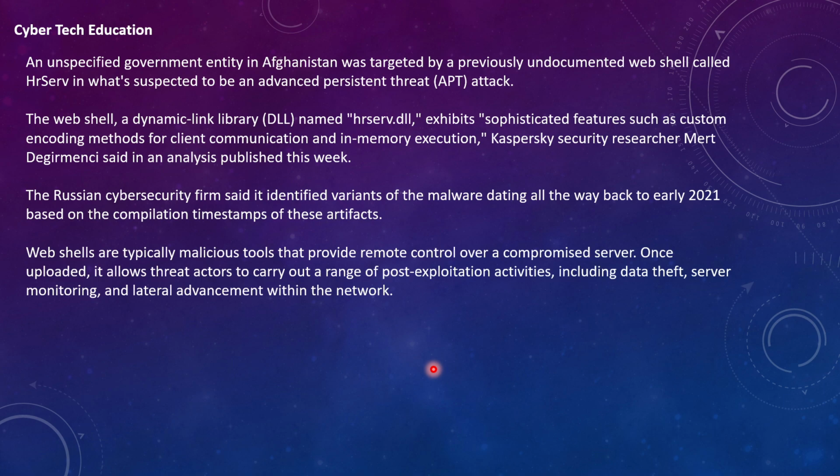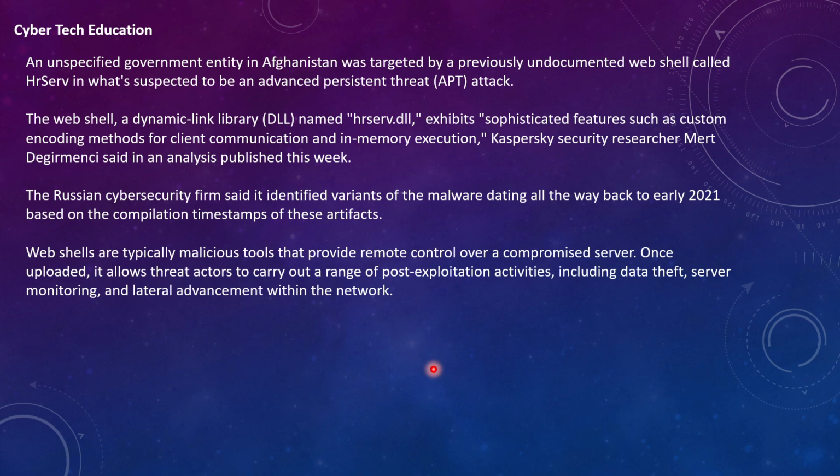This was reported by Kaspersky security researcher Marta in a published weekly journal. The Russian cybersecurity firm said it identified a variant of the malware dating all the way back to early 2021, based on the compilation timestamp of its artifacts.